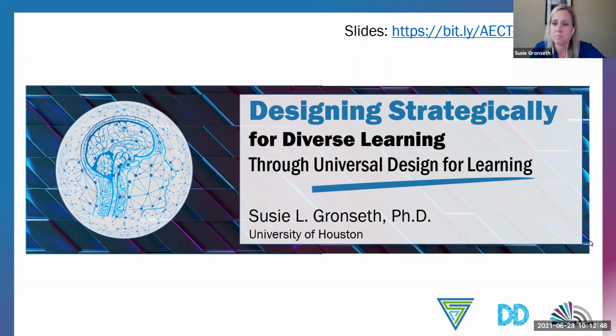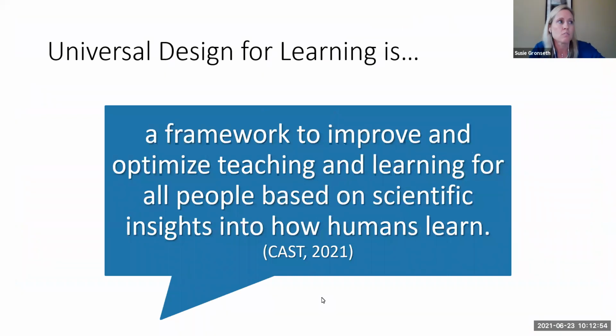I'm Susie Gronseth. I'm at the University of Houston, and this is Designing Strategically for Diverse Learning through Universal Design for Learning. So what is UDL? I thought that we could define it pulling from the CAST definition. CAST is the organization that shepherds the UDL guidelines, the framework, the UDL IRN, which is the Implementation and Research Network.